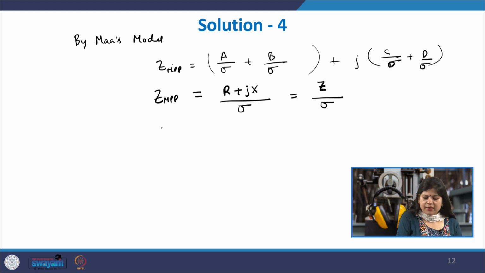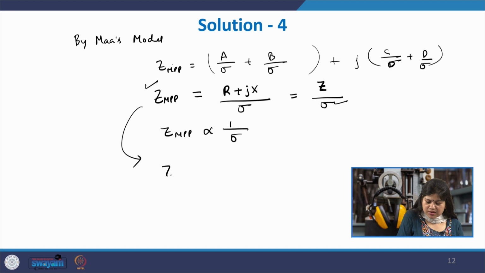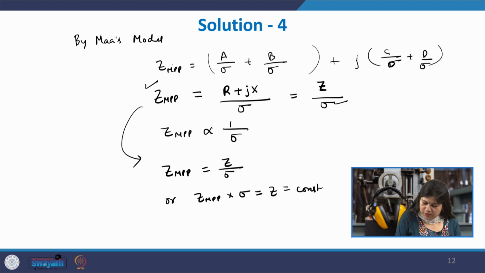So, what you see is that essentially Z of MPP is inversely proportional to sigma. This is some constant number, and we can write this equation like this also. We have to draw a graph between these two variables: Z of MPP is some constant Z by sigma, or Z of MPP multiplied by sigma is equal to Z, which is some constant.